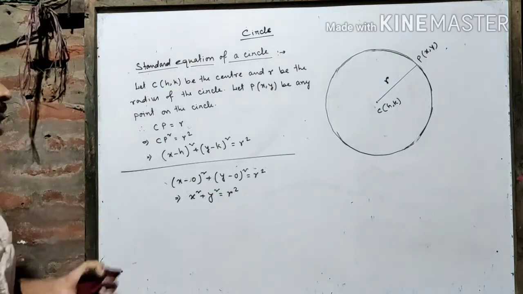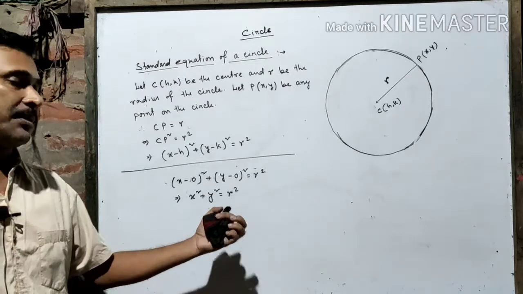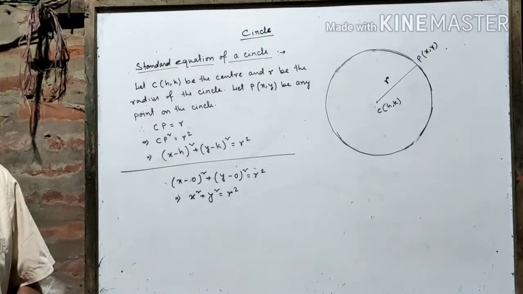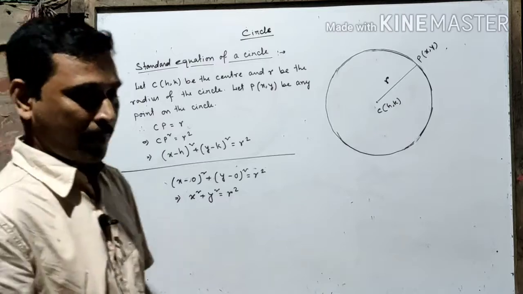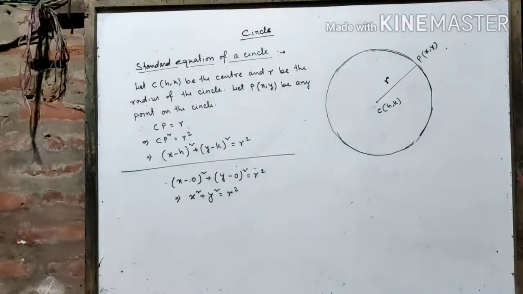So the equation of a circle with center as origin is x square plus y square is equal to r square, where r is the radius of the circle.